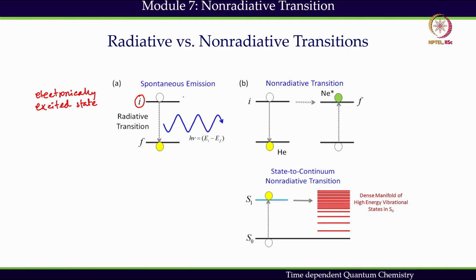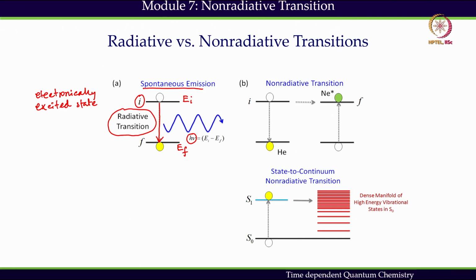So if the energy of the initial state is E_I and the final state energy is E_F, then it can emit one photon and the system can relax back to the lower energy state. And this kind of transition, because it is associated with a photon emission, is called radiative transition. Spontaneous emission is an example of radiative transition, as we have shown here.